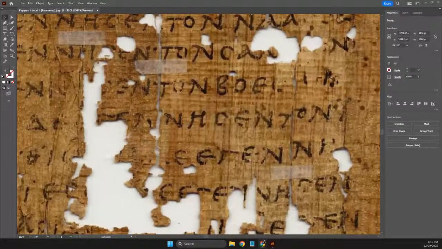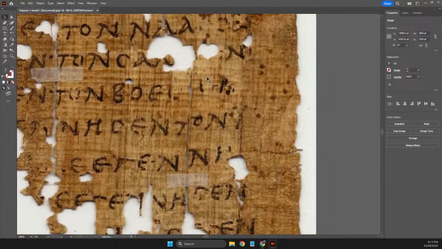So Boaz, egennesen ton Boaz, okay, and then this in all the manuscripts it just says ek, so out of. I just keep losing my spot there. I'll just move that up. That's better. Ek Tes Rahab.